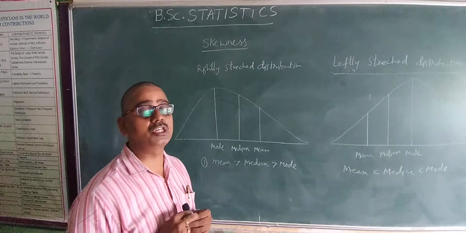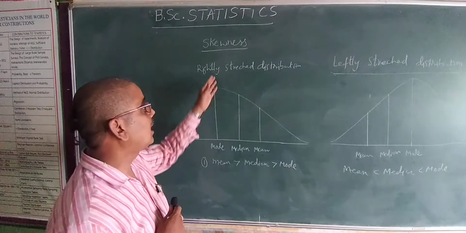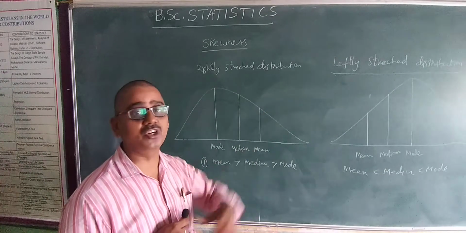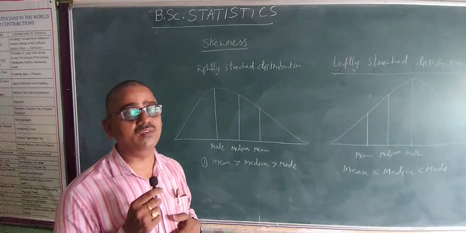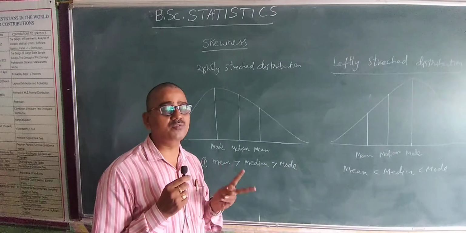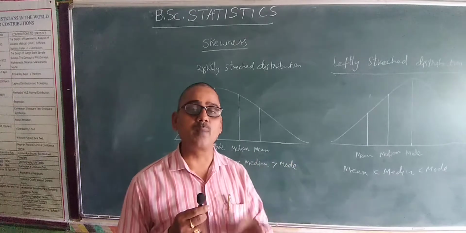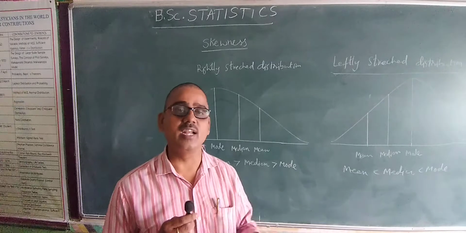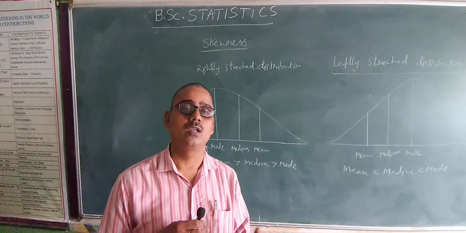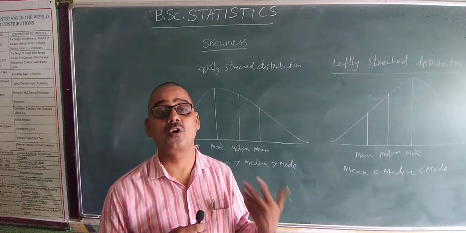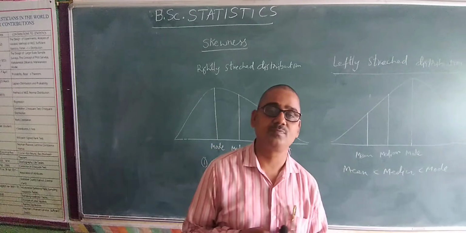So skewness can also be defined through these two figures, the rightly stretched distribution and the leftly stretched distribution, formulated in this fashion. Hope you understand. These are the two types of skewness, the two ways in which we can define skewness.